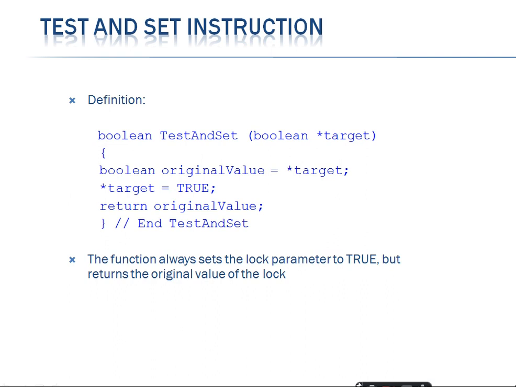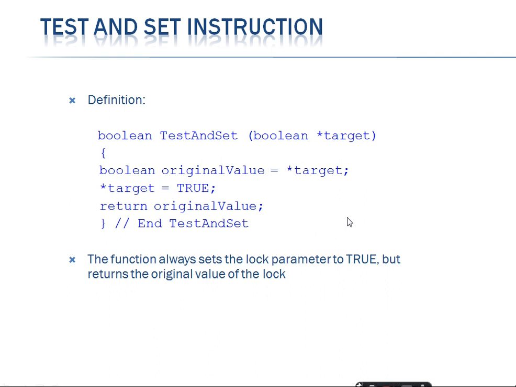Let us see what is there in the test and set code. This is the definition of the function test and set, where we are taking a pointer variable of type boolean as a parameter. Now we are declaring one more variable, original value, and then target is set to true, then return original value, and this is the end of test and set.